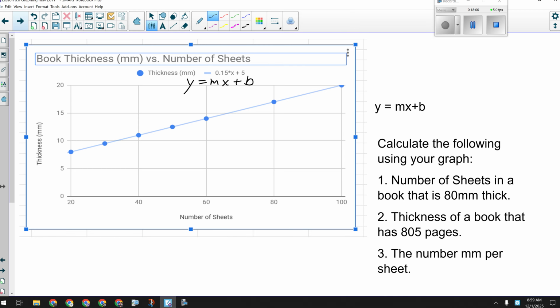Not necessarily a point you plotted, but any point on the line. If I pick this spot right here, it's not a point that we plotted, but the y value for that point would be 15. So y is any value of y anywhere on the line.